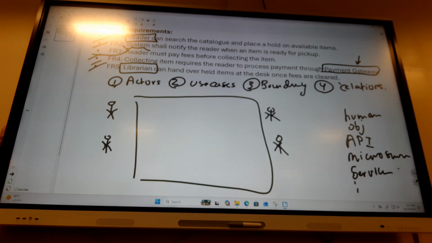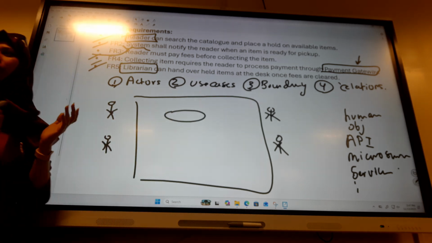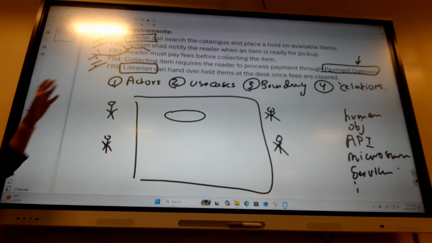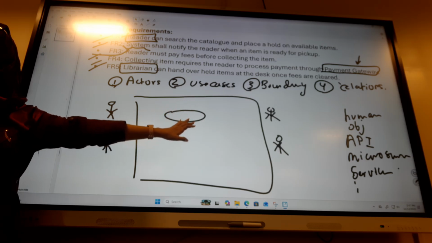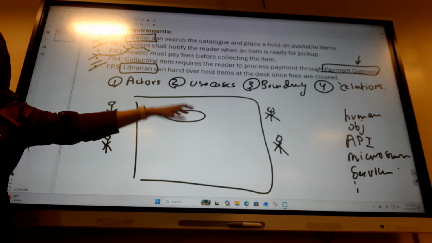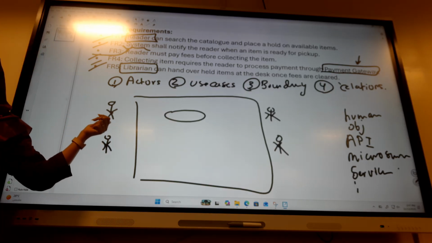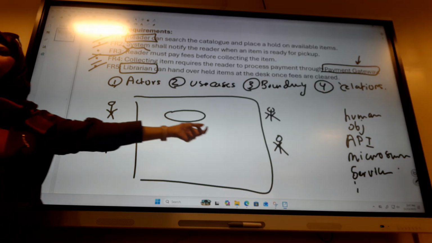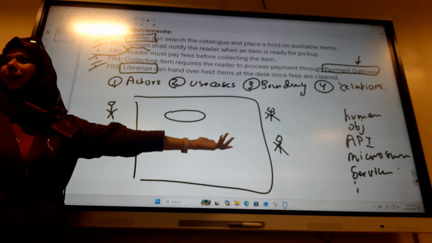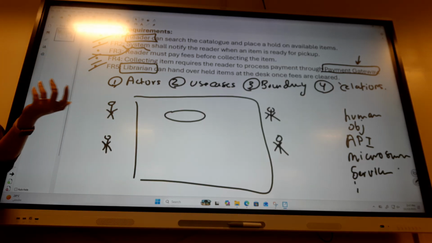I don't get how the system can be optional. So again, it's not meant to have any use case here that's not attached. Usually any use case you put here has to be linked to an actor. Someone has to initiate this. So when I say notification, for example, it's not from the librarian side, it's not from the reader side, it's not from the payment gateway. So who does it? The system, to the actor. Can't you do the arrow facing the other way?